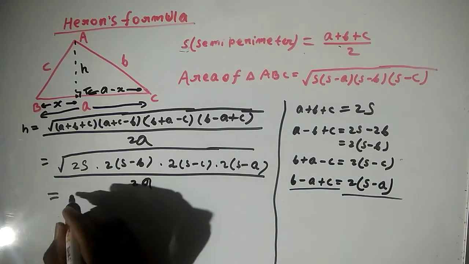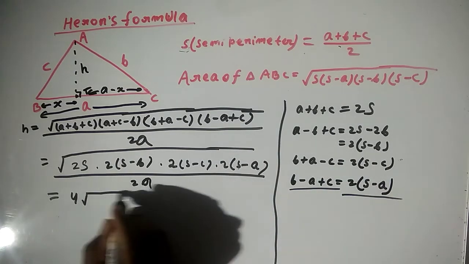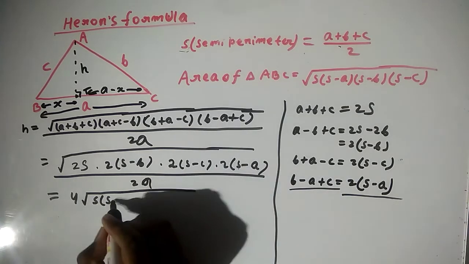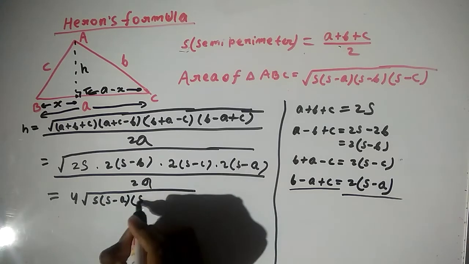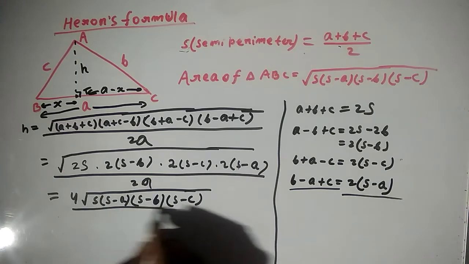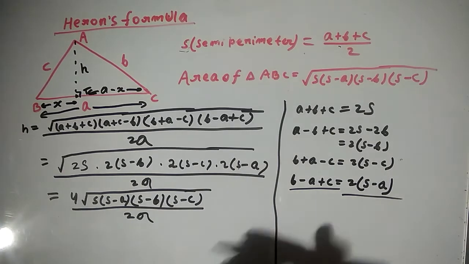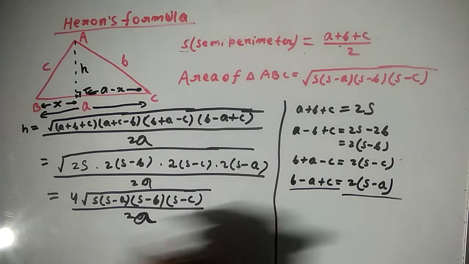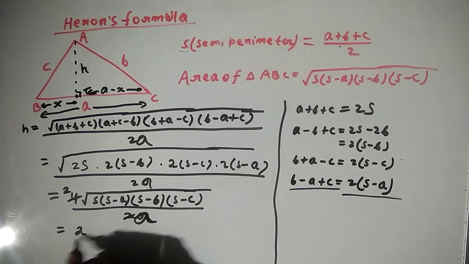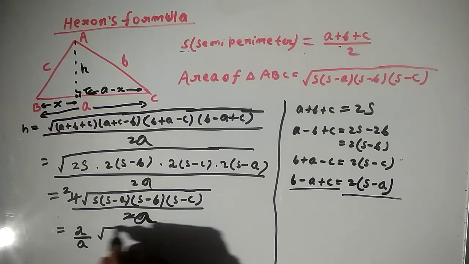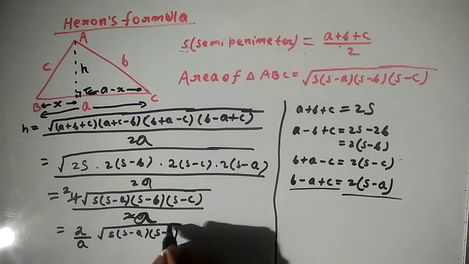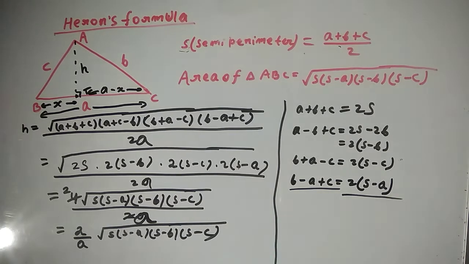The square root of 16 is 4. 4 times the square root of s, let me write down the s minus a first, s minus a times s minus b times s minus c, divided by 2a, which is equal to, cut this, 2 over a times the square root of s times s minus a, s minus b times s minus c.